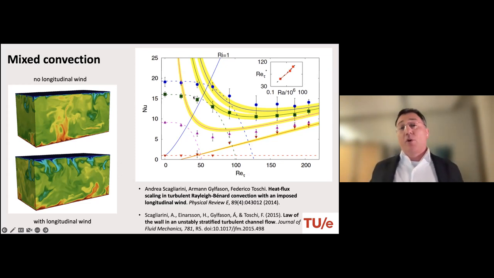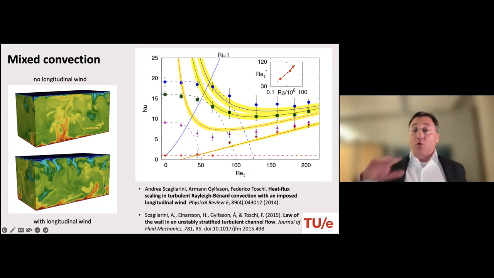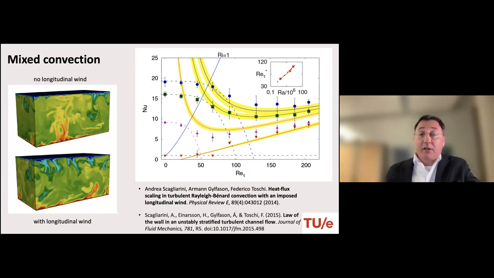The drop that you observe is indeed due to this stabilization of the boundary layer due to the shear induced by the wind. And then eventually, if the wind is strong enough, mechanical turbulence will kick in and will further increase the heat flux. So that was just a little bit of an appetizer to show how additional physical phenomena can interplay with the natural convection, making it more interesting.